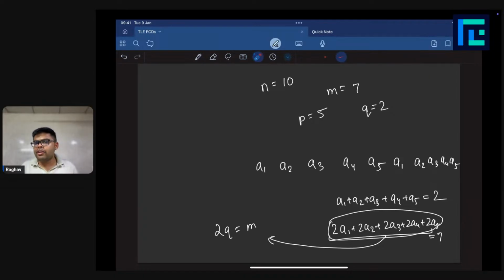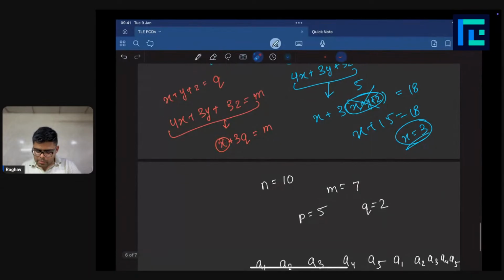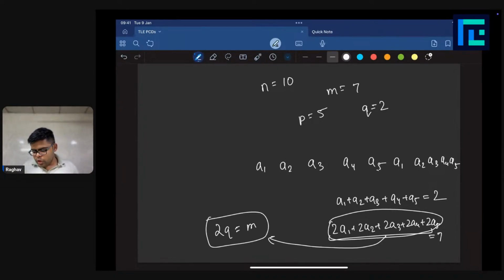We are not having a free variable like the last time. The last time we were having a free variable x, but this time we are not having any free variable. And if you don't have a free variable, since you already know the value of q and m through the problem, either 2 into q is equal to m, this thing would be true or false.